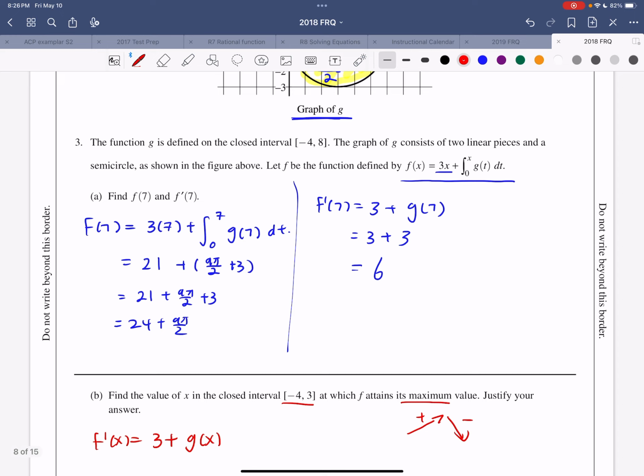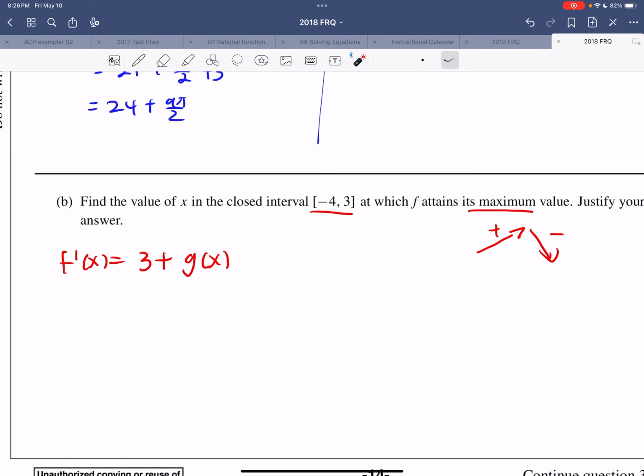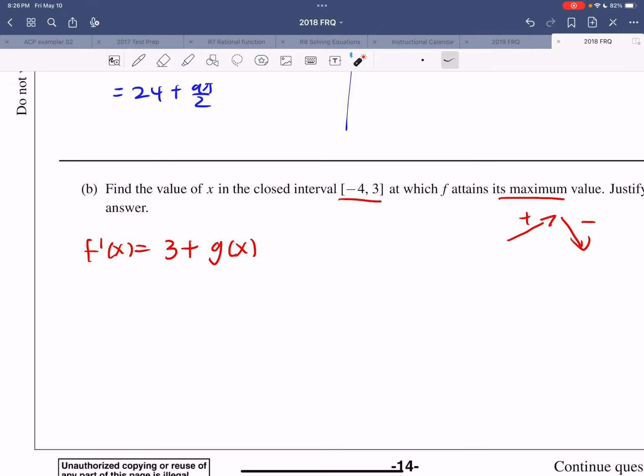So we already have this one here, right? We already got here. So it's going to be f of 3 plus g of x. That's what you have to get. Now, since we have this interval, what we have to do is plug this number in.